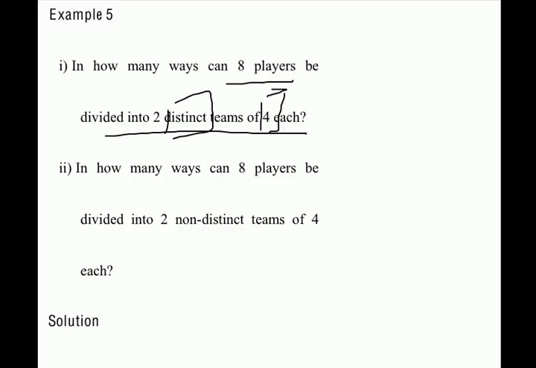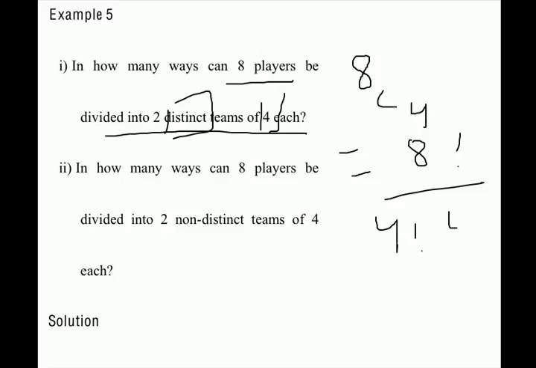Applying the formula that we learnt, this is equal to 8C4, which is 8 factorial divided by 4 factorial times (8 minus 4), which is 4 factorial, and this comes out to be 70. So this question is essentially an application of a simple combination formula.